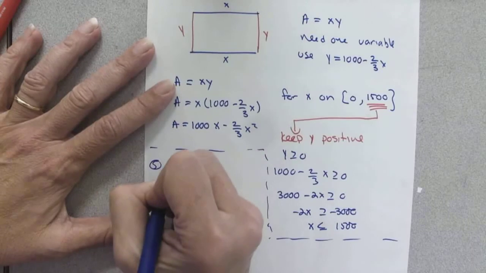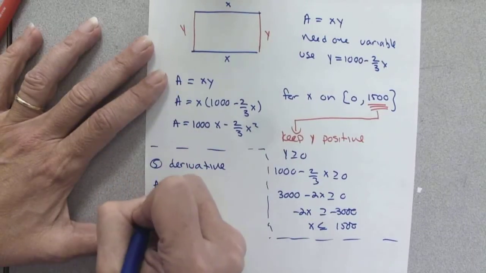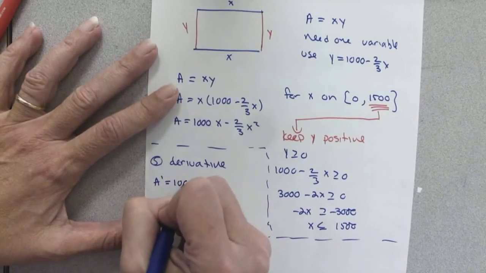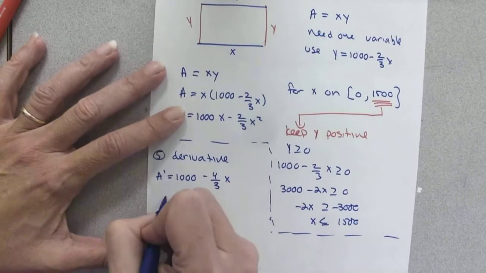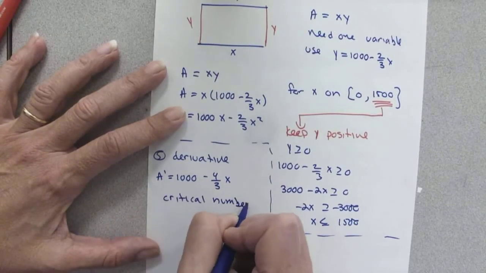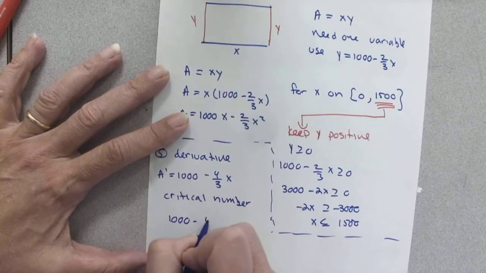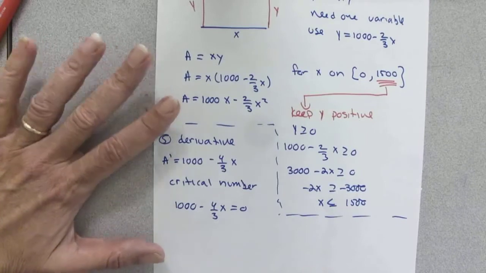But then step 5, I want my derivative. And so A prime is going to be 1,000 minus 4/3 x. Critical number. Set that derivative equal to 0.